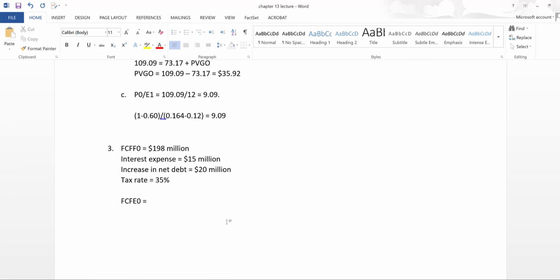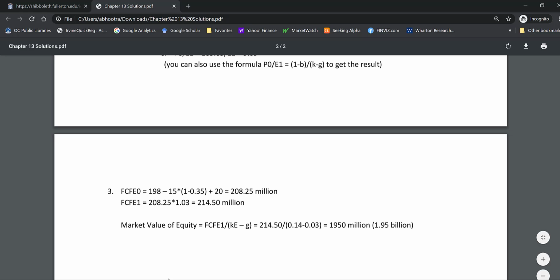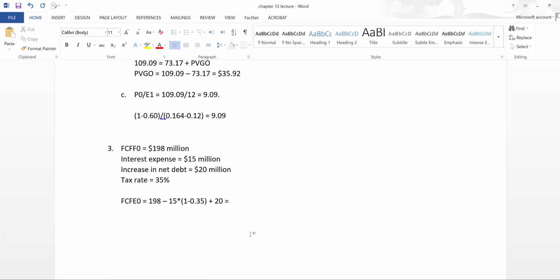So FCFF 198 minus interest expense 15 million times 1 minus 0.35, plus increase in net debt, which is any new borrowing that becomes available to the equity holders. This gives us FCFE 0, and that number is 208.25, in $1 million.